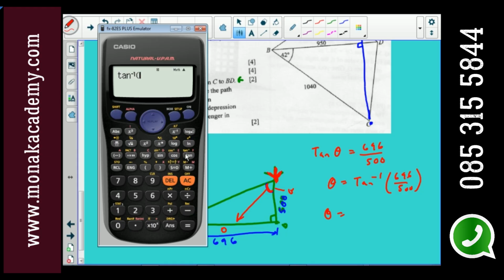Shift tan minus 1. 54.3 degrees, 1 decimal place.